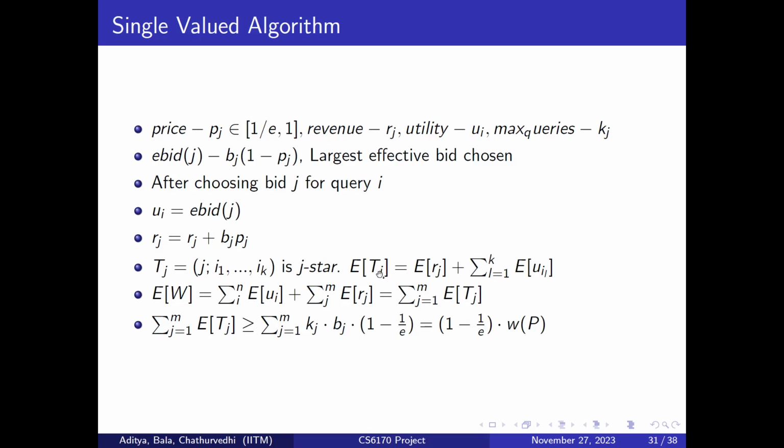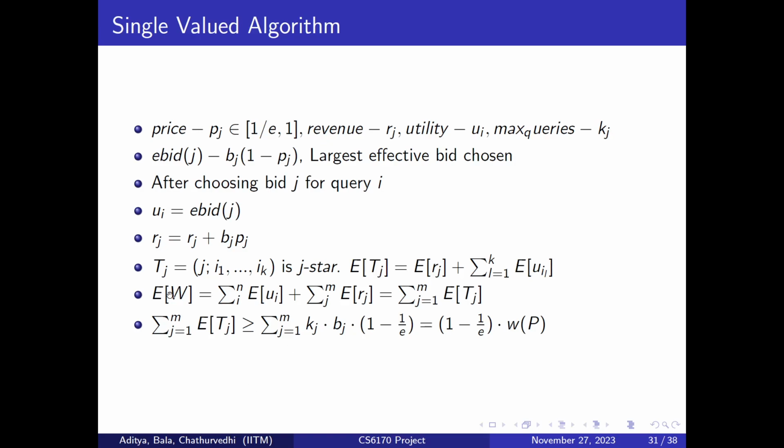We introduce a new thing called J star, which for an individual bidder has all the possible impressions which are linked in the initial graph, and the expected value of J star would be the expected value of the revenue of the bidder j at the end of the algorithm, plus the summation of all the utilities of all the possible impressions.